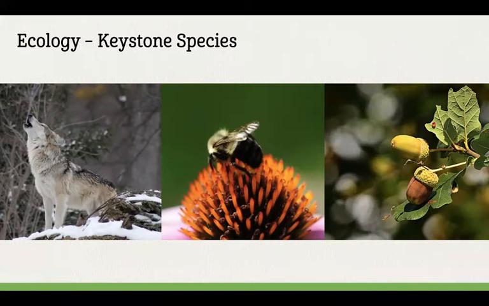The wolves, this has been studied in Yellowstone National Park in particular. They are a keystone species. So wolves keep the populations of plant eaters in check. When the numbers of wolves are reduced or even eliminated, the number of plant eaters, so the deer, the elk, and the moose that the wolves had preyed upon, become more numerous.